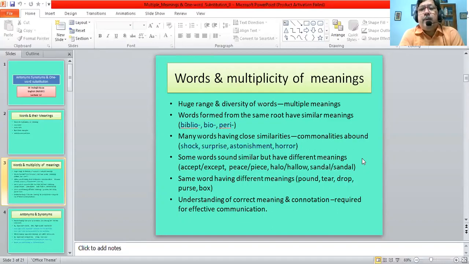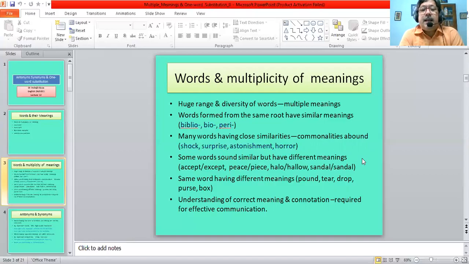Again, with bio, we get biosphere, biology. From peri, we get words like perimeter, and so on. Now, there are many words having close similarities, so there are a lot of commonalities which abound, like shock, surprise, astonishment, horror. They are variations, or there are similarities between them. They suggest almost the same thing.